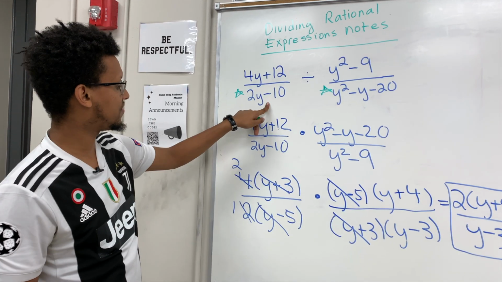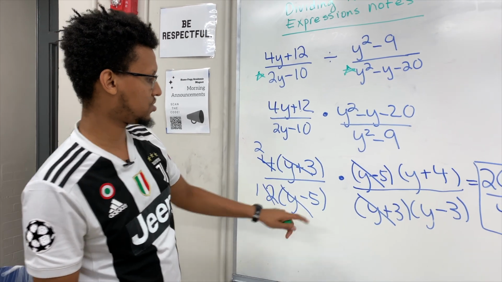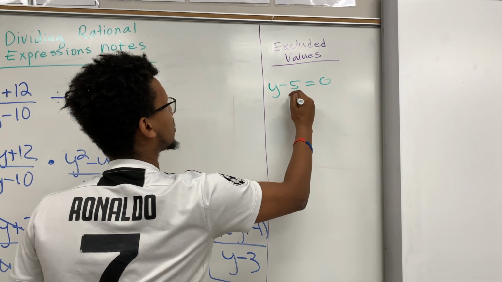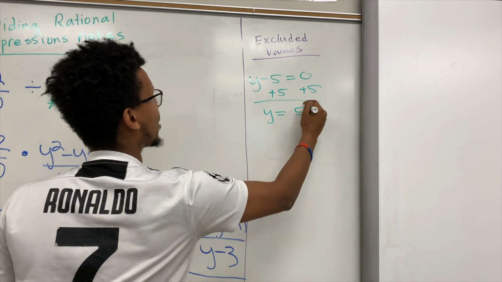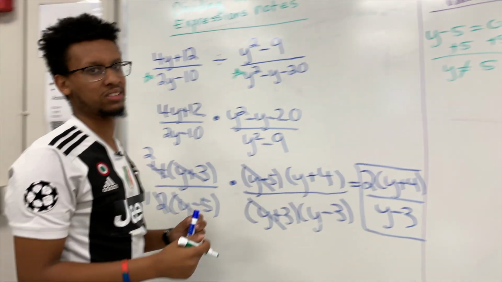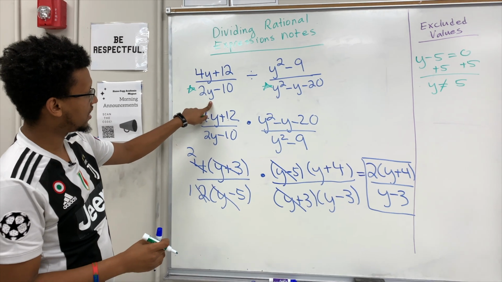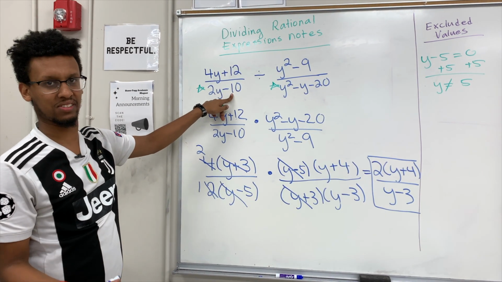So here we factored and we had y minus 5. So all I'm going to do is take the y minus 5 and set that equal to 0. Add the 5. So I'm going to say y is not allowed to equal 5, because if you take 5 and you plug it in here, 2 times 5 is 10, 10 minus 10 is 0, and that is undefined.